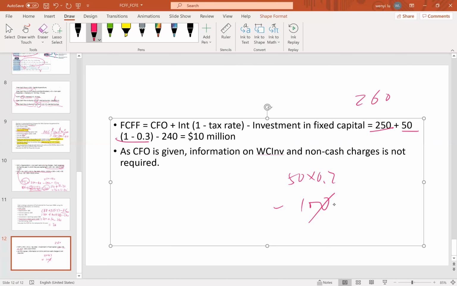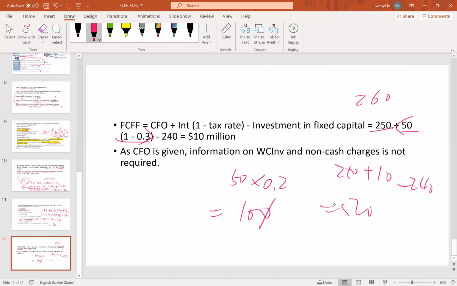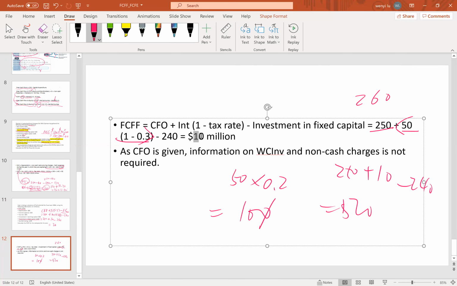I think in the previous notes this part was solved with the wrong numbers. 50 times 0.2 is 10, so 250 plus the 10, minus 240, will be 20. Like we just solved here, so here should be $20 million.